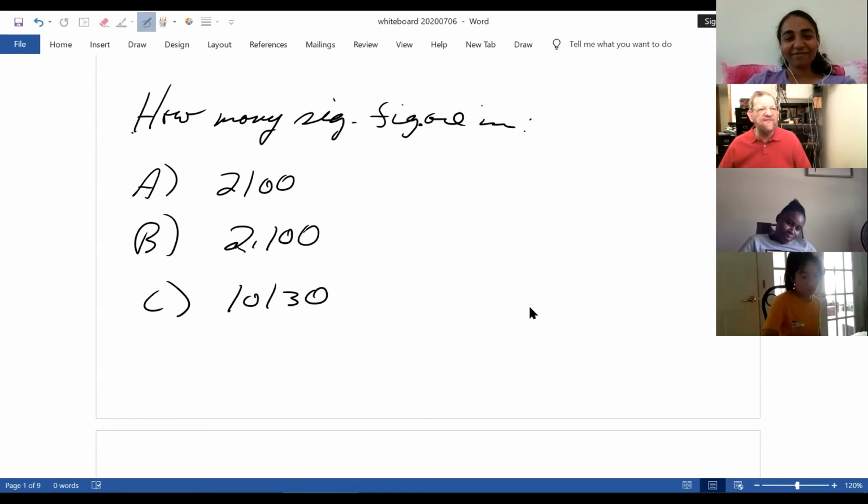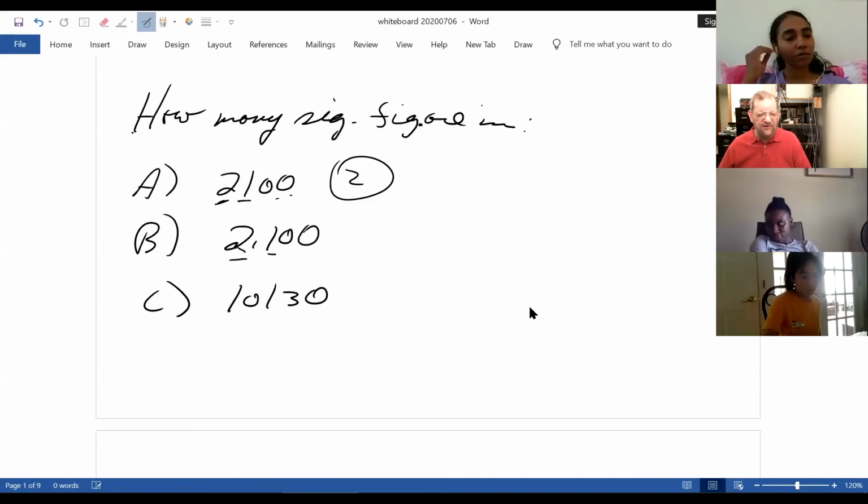How many significant figures? All non-zero numbers are significant. Zeros at the end without a decimal are not. Zeros at the end with a decimal are significant. Zeros that are confined are significant. So if we look here, non-zero number 2, zeros at the end, no decimal, 2 significant figures.